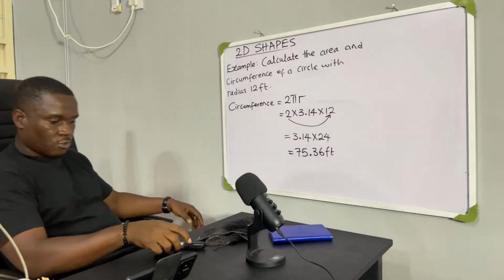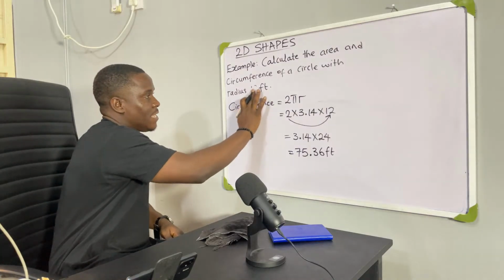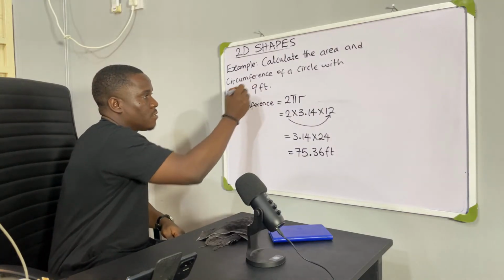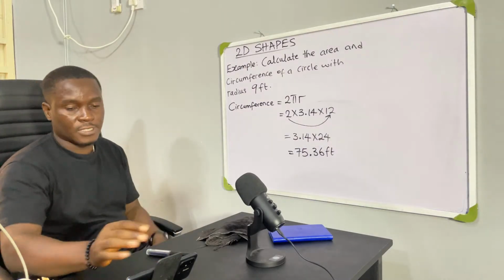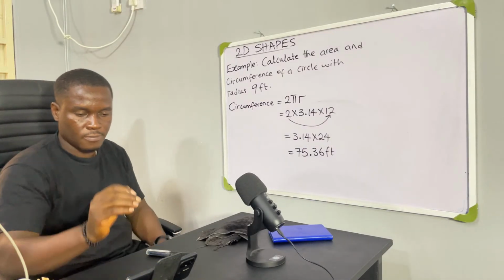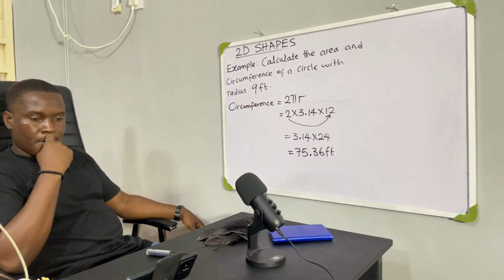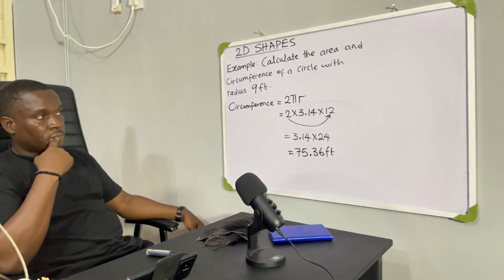Alright, I'm done. Good. So I'm going to change this 12 to 9. So try it out. Calculate the area and circumference when the radius is 9. Okay. So I should solve that, right? Yeah.